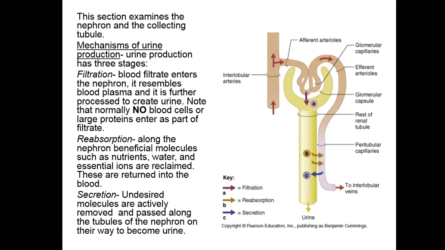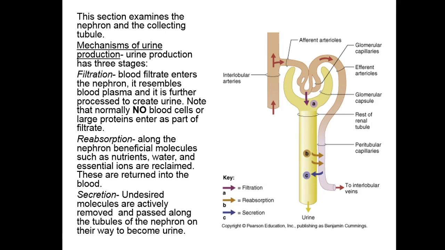Anything that's undesirable is actively removed, or it actually stays in the tube system, and it is secreted out in a fluid mixture which we call urine. So three basic portions take place in urine production: filtration, reabsorption, and secretion.